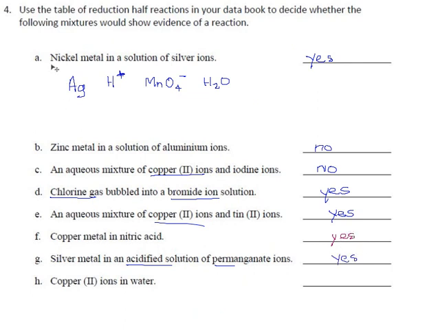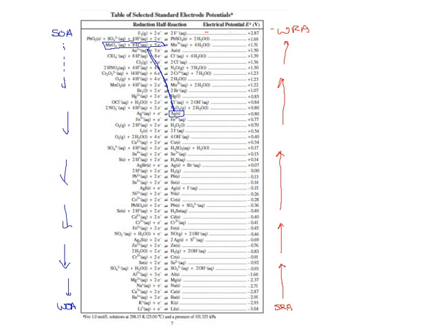And finally, will copper ions do anything in water? Cu2 plus and H2O. Clear out the stuff from last time. Copper 2 ions are right here. They would be our strongest oxidizer.